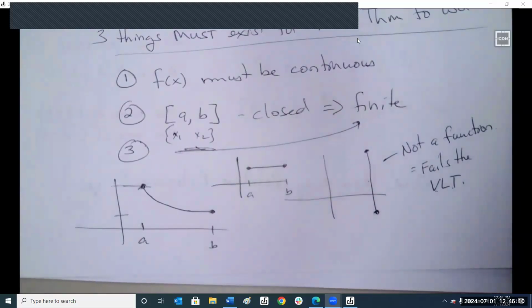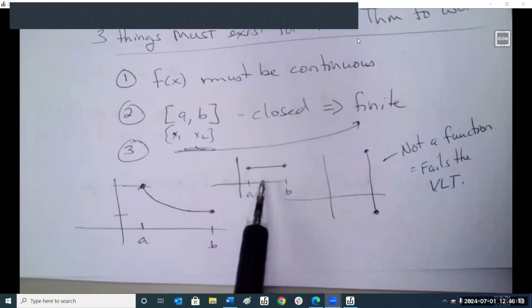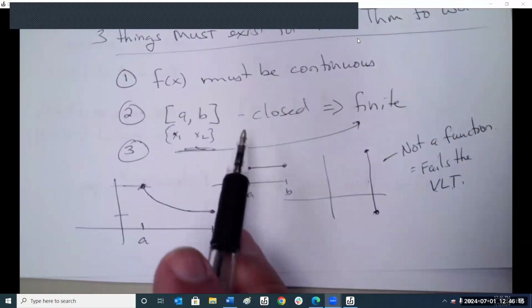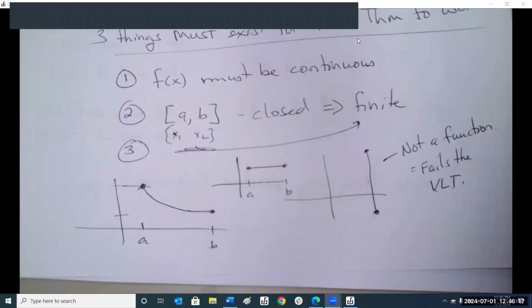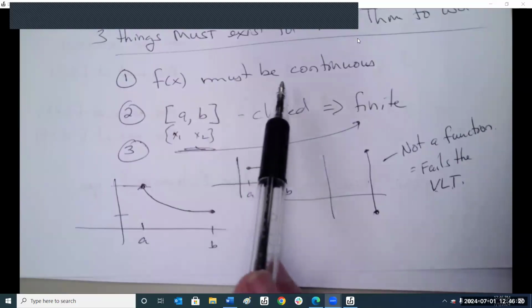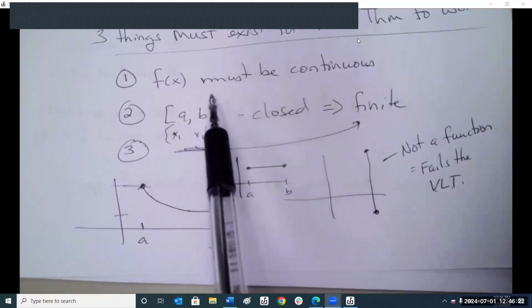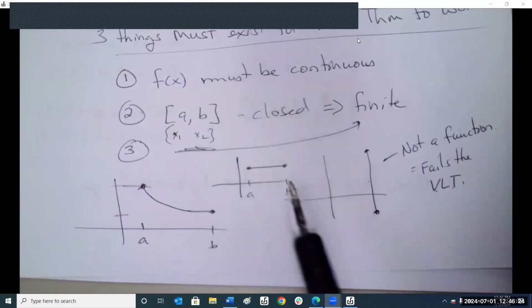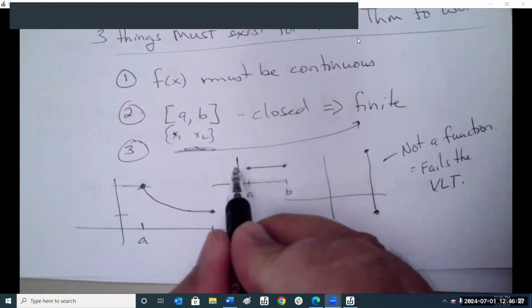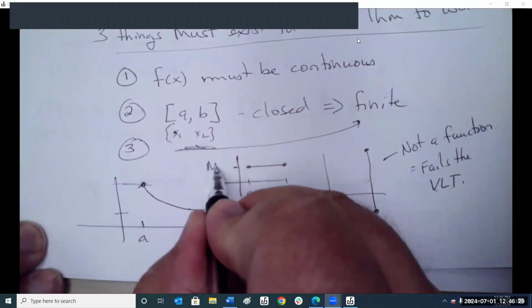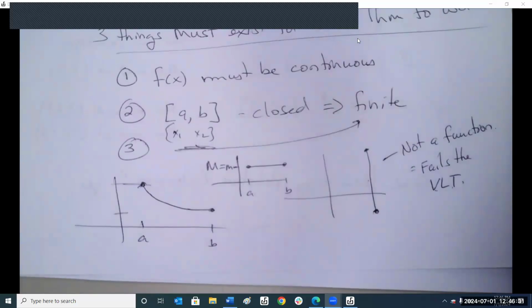Is it a closed interval? Is it a function? It passes the vertical line test. It's continuous. It matches all these conditions up here. Is it finite? Yes. So the maximum and minimum can be the same for a horizontal line. Horizontal lines are pretty basic, but that's a thinking question.